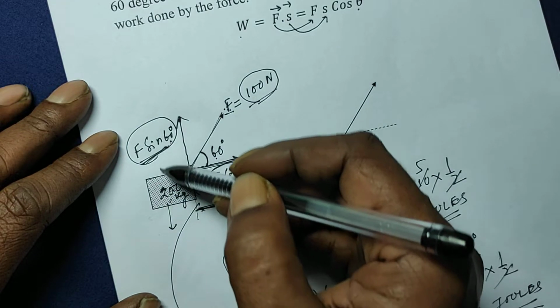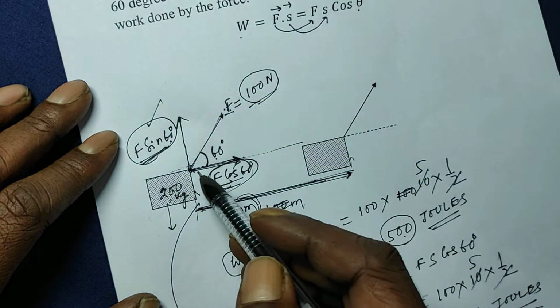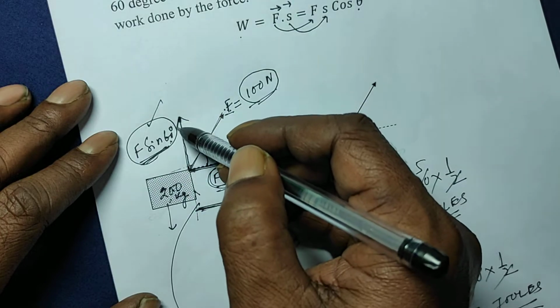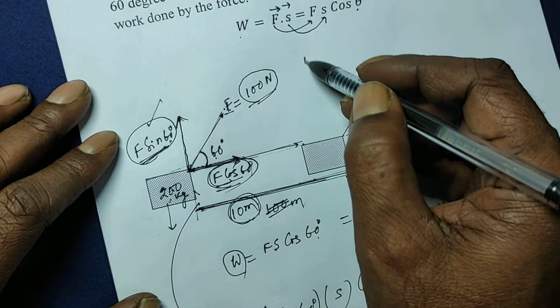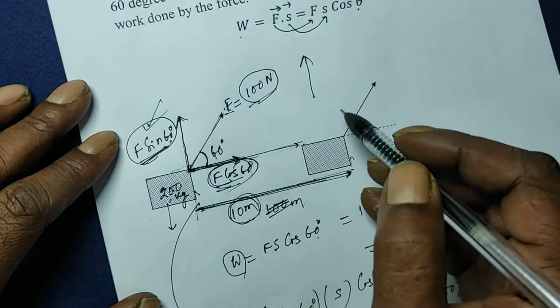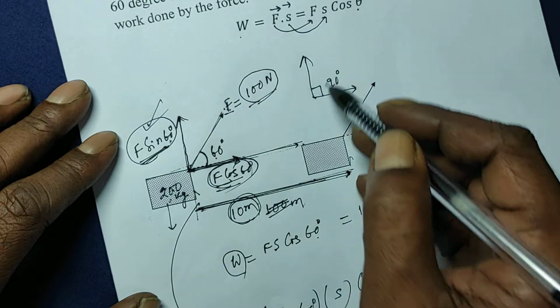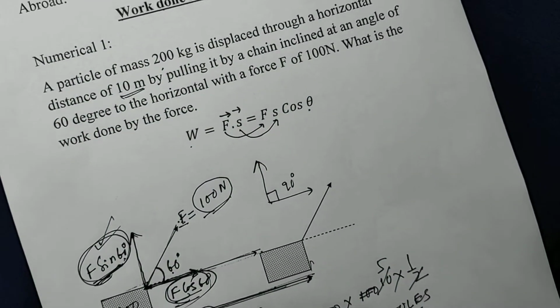Therefore, this is neither moving upward nor downward, but this force is acting and the displacement is to this side. So the angle between F sin 60 and the displacement is 90. So due to this, no work is done.